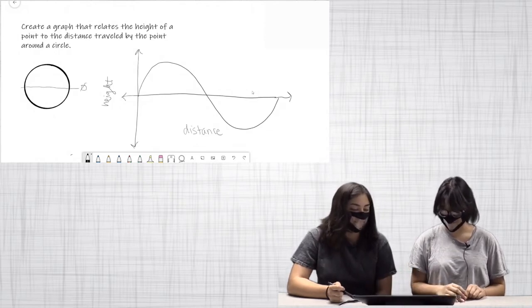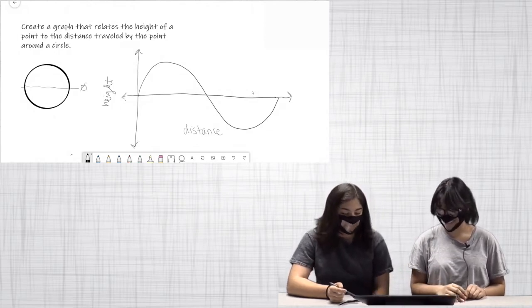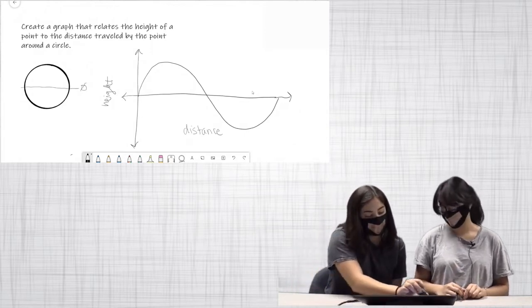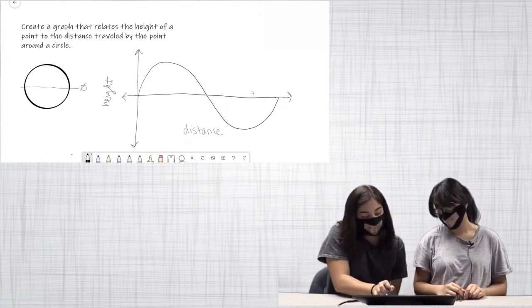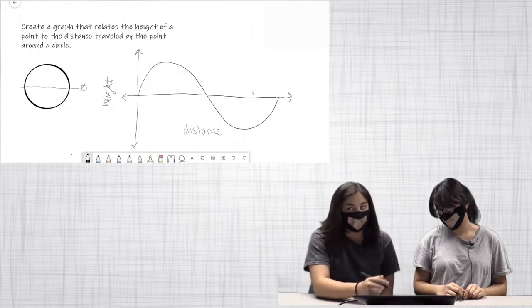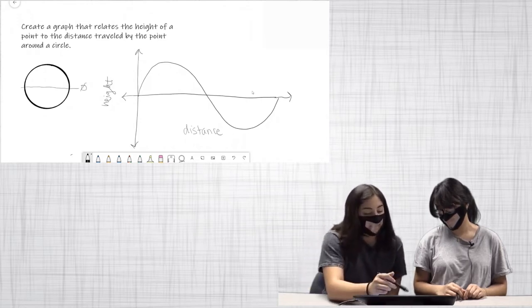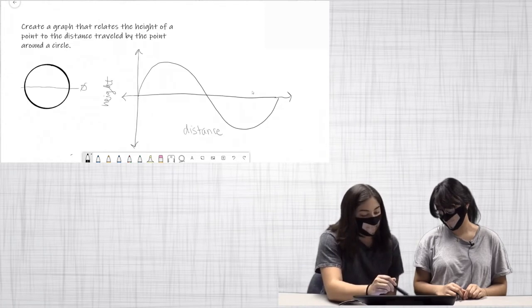This is our graph. Okay. Can you walk me through the thinking for this graph? Sure. So starting at 0 again, we made this x-axis 0. As there's no side lengths to increase by, it's just going to generally increase. So as you're traveling up the circle, your distance is still being traveled, but your height is increasing.